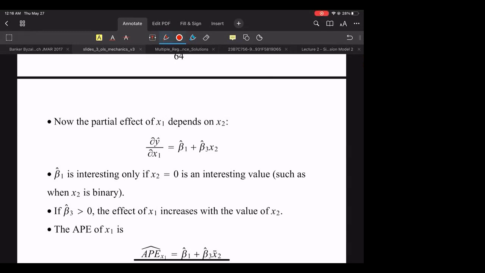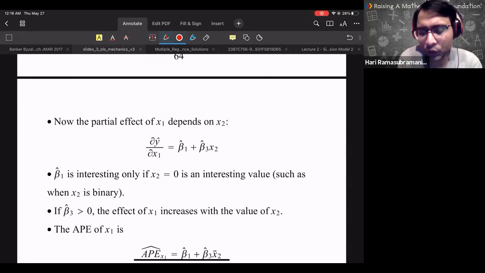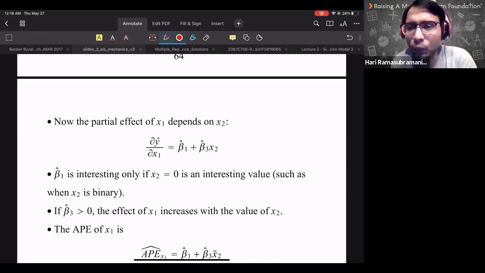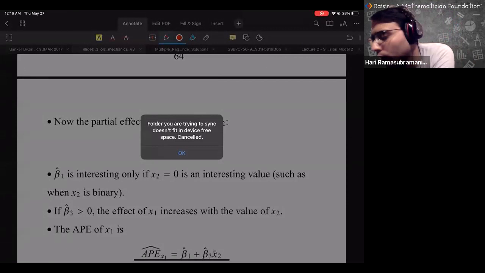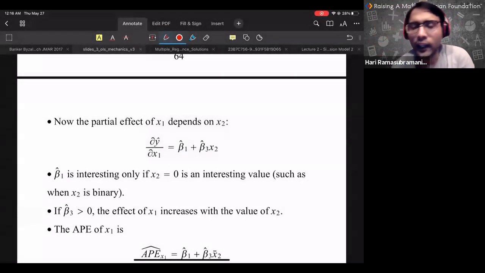Because when you demean it, then you can substitute x2 as x2 bar, and your beta 1 hat will be interpreted as the effect of x1 on y hat holding x2 equal to the mean value. So basically you have to find out what are the interesting values of x2. Demeaning is useful because substituting x2 equal to the mean is interesting.